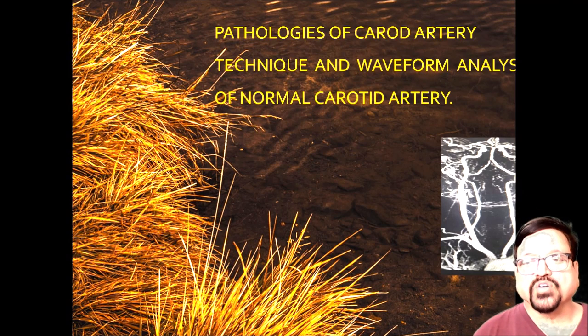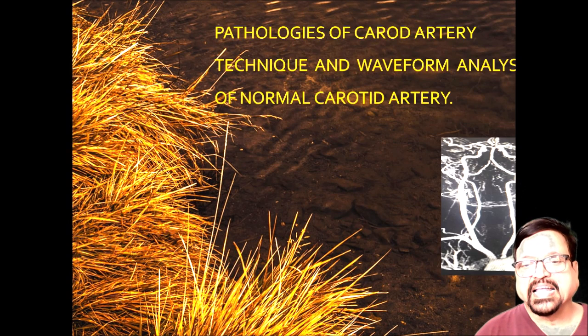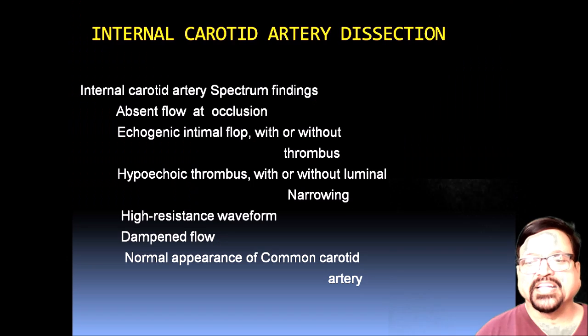Now, pathologies of the carotid artery. We are studying the same topic today. So in this context, now we are seeing the technique and waveform analysis of the internal carotid. The basic interest here is to analyze the internal carotid artery waveforms.